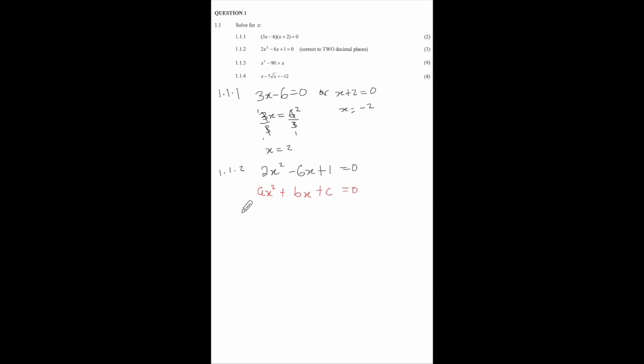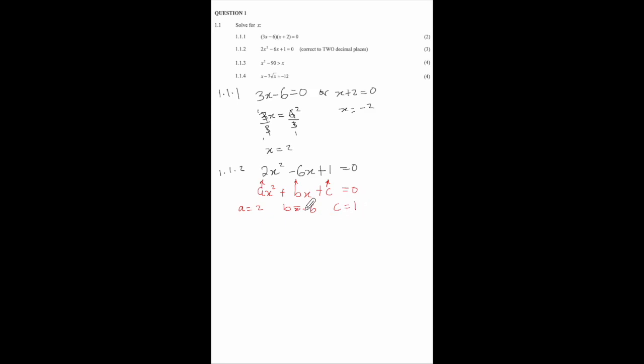And so in my particular case here, a is 2 and b is negative 6 and c is 1. So I'm just going to lay that out here. A is equal to 2, b is equal to negative 6, and c is equal to 1.